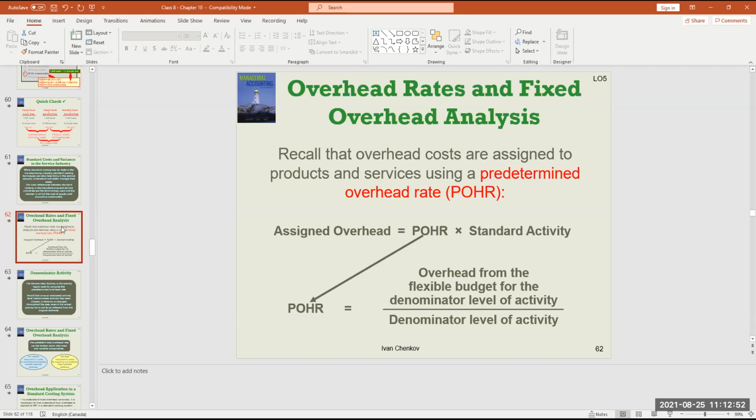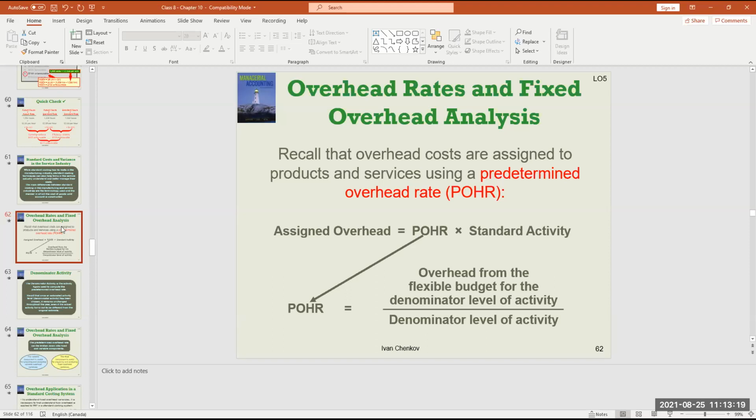So in the beginning of the period, we calculate a predetermined manufacturing overhead rate. But the predetermined manufacturing overhead rate, as you remember, is based on estimation. So as the numerator we have the total cost estimated for the period of time, which is usually 1 year.